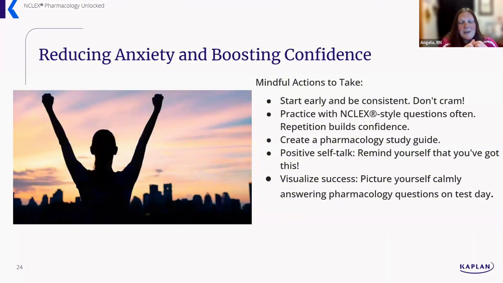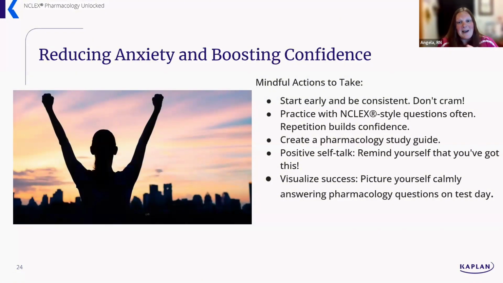Create a pharmacology study guide, and please be specific on all of your study guides. So, for example, on Monday, I'm going to watch the crucial content video on pharmacology. On Tuesday, I'm going to review 20 flashcards. On Wednesday, I'm going to select a class of medications to review. I'm going to look at the content review guide and the content library.